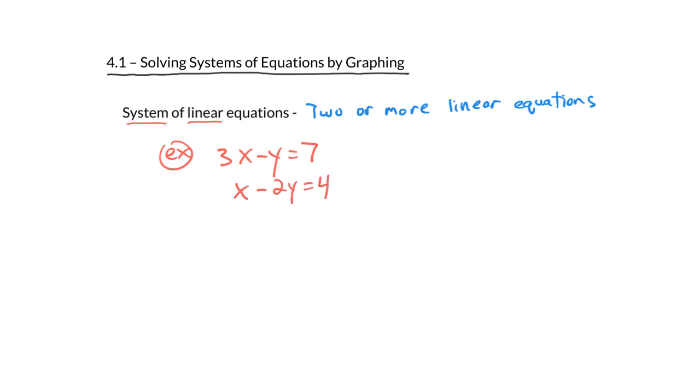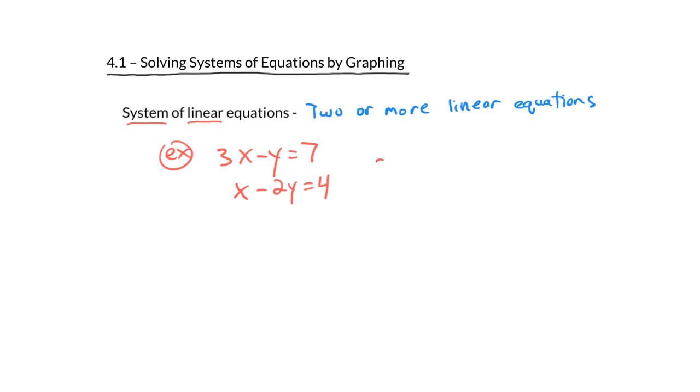So with a system of equations, we need to find an x and a y that works here and here. The same x here and here and the same y here and here that makes both of these true. So as you can imagine, solving just one equation was super fun. Now we're going to have to solve two of them at the same time. So in other words, our solution will look like this.